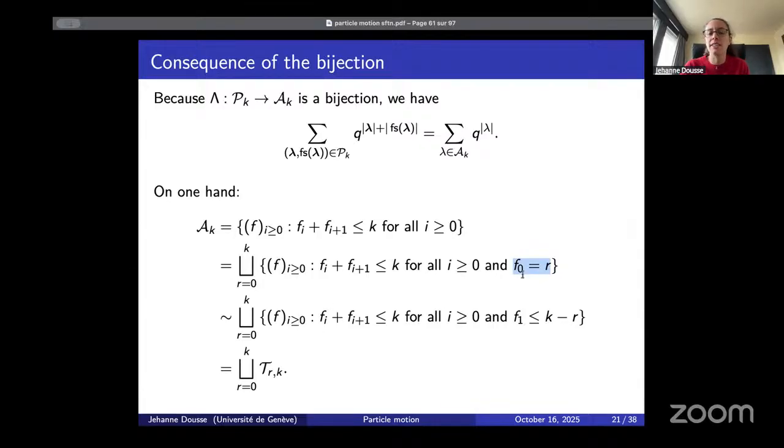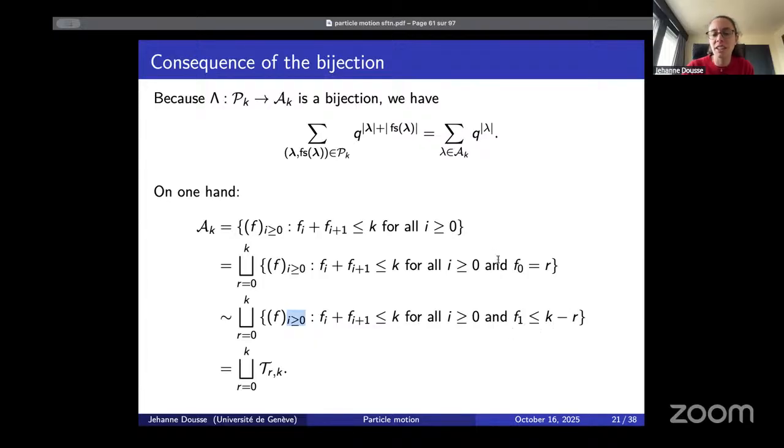Each of these sets in the disjoint union is in a very simple bijection with this set, where, sorry, that's my bad, here I should have put I at least 1, not 0. It's a typo, I'm sorry. So if the frequency of 0 is exactly r, and we know that the frequency of 0 plus the frequency of 1 is at most k, then the frequency of 1 is at most k minus r.